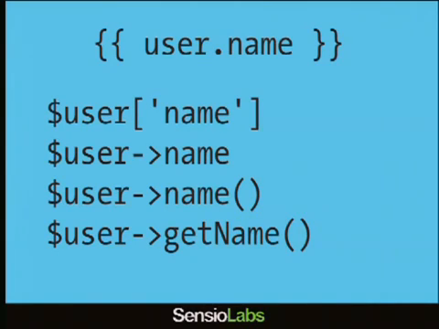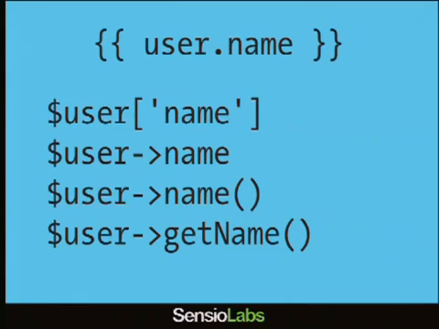The dot notation is a way to access data on more complex variable types, like arrays, objects, whatever. And the dot is really the magic bullet here, because the designer does not need to care about the type of the variable passed from the PHP code to the template.